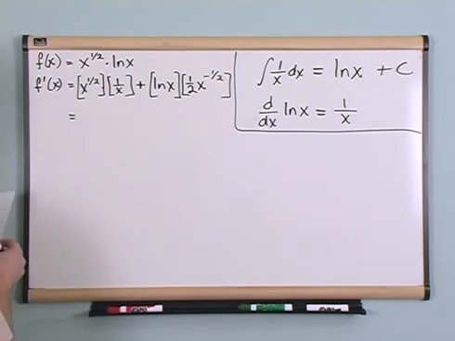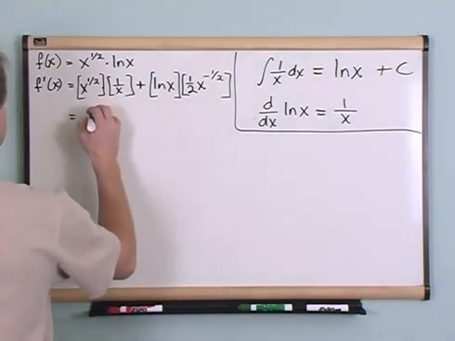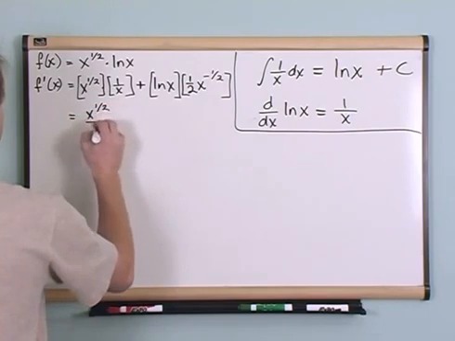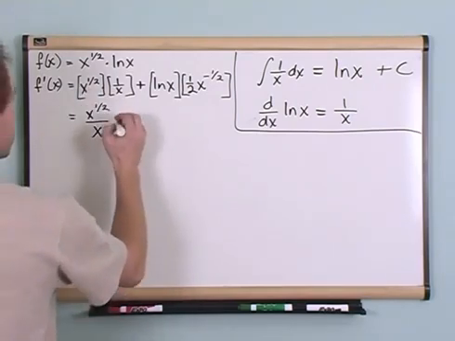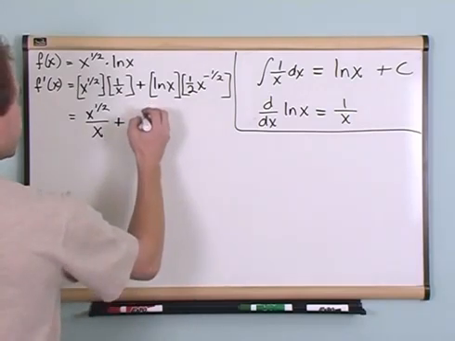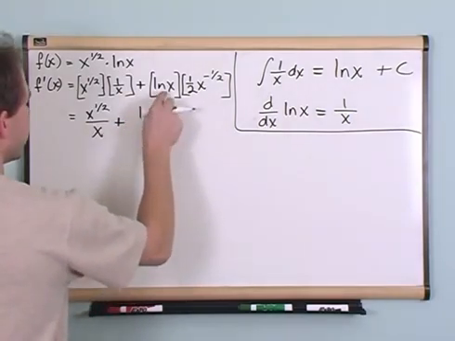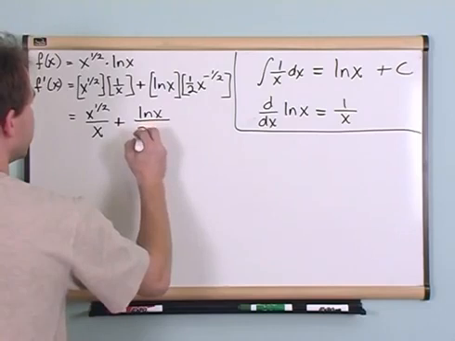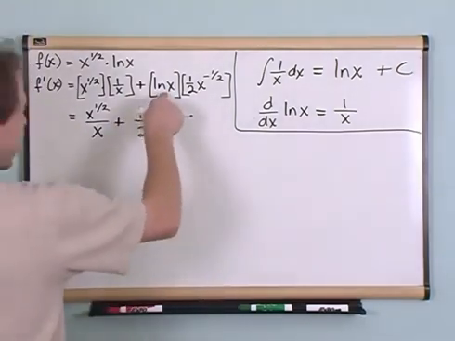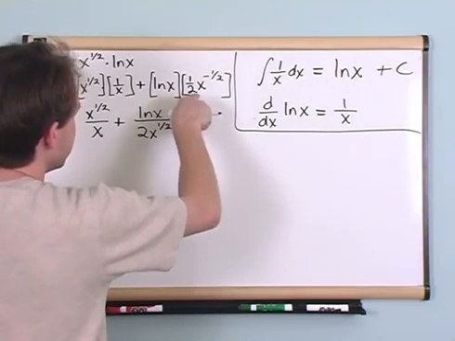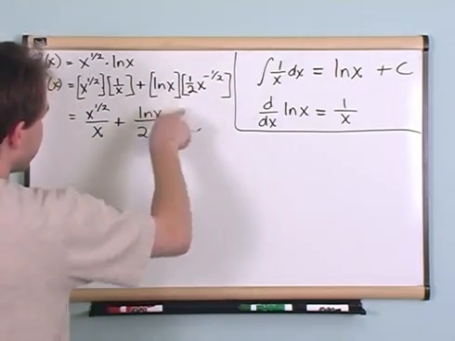So what you're going to have is x to the 1/2 over x, which will be this part here. You just multiply these two things together, plus natural log of x over 2 times x to the 1/2. And all I did was I left this on the top. This 2 is of course on the bottom because you're multiplying them together.